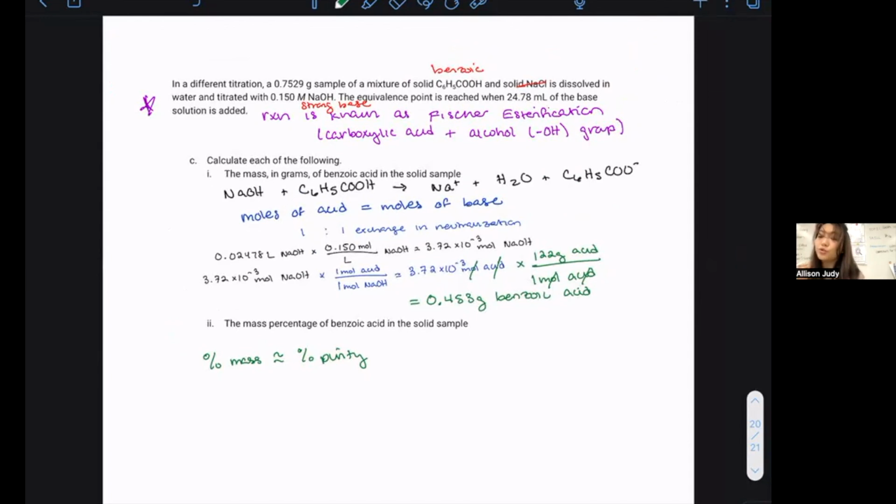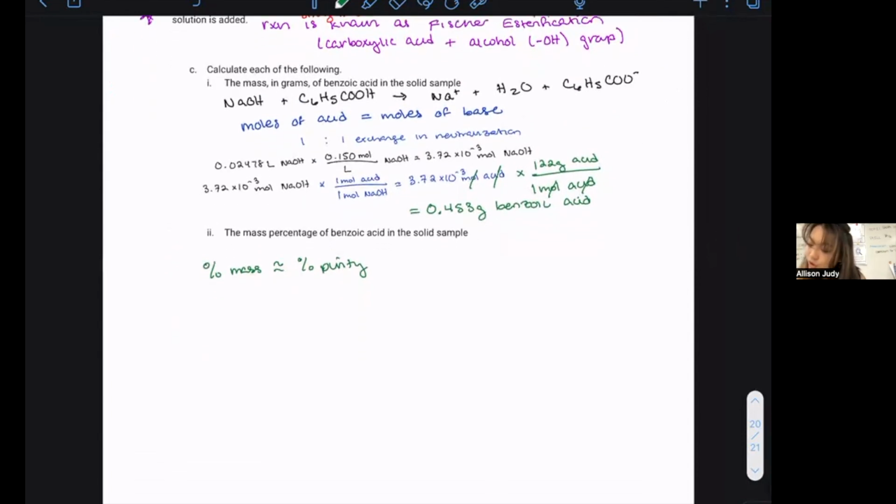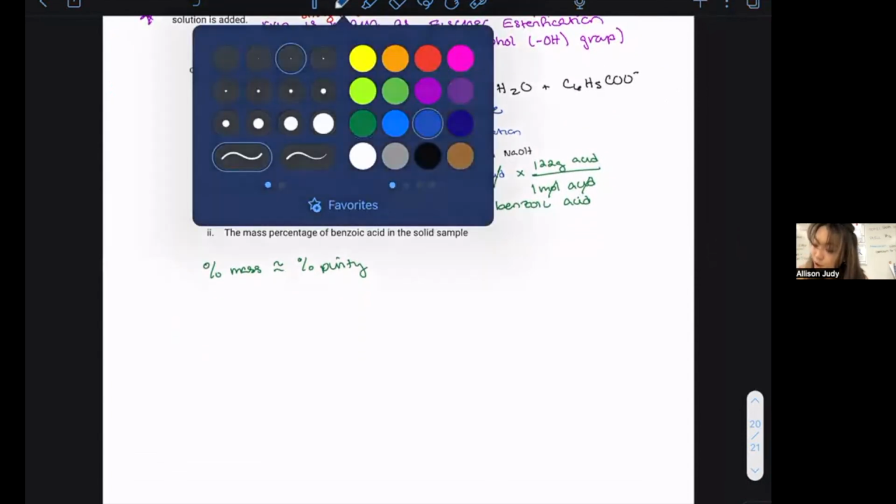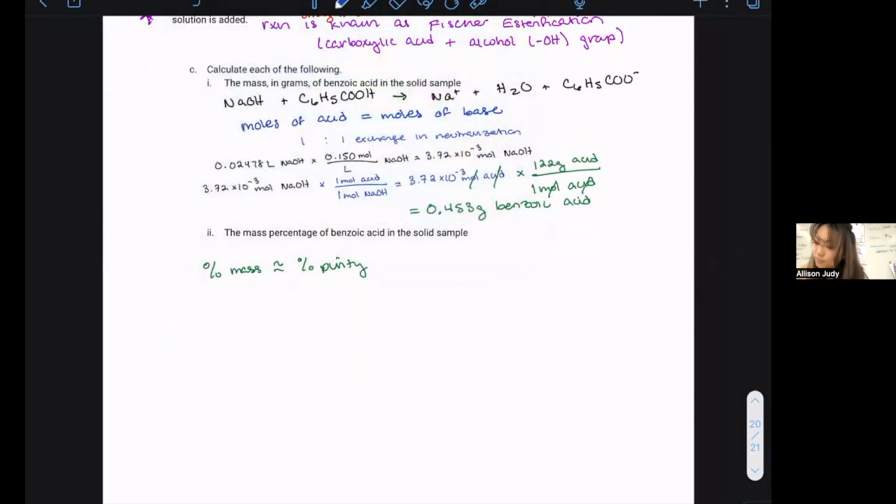It is contributing to the impurity of your sample mixture. So you know that in part C1 you figured out the value of pure acid neutralized. That tells you how much actual benzoic acid was in that mixture.